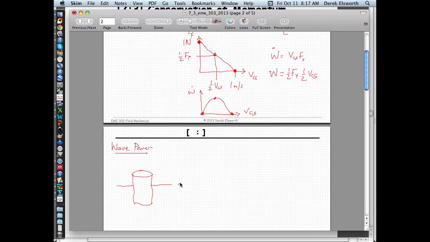And say the wave heights do this, where this is delta H. So this is from peak to crest of the waves that wrap over this. So this is a buoy that sits in the ocean.